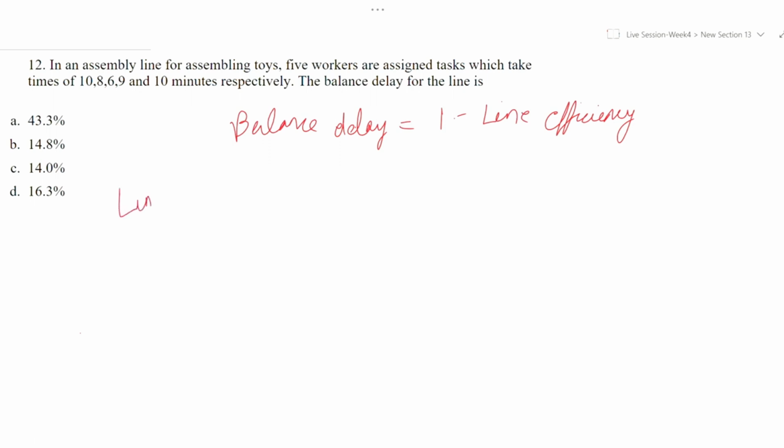So, line efficiency is equal to TWC by N into TC.